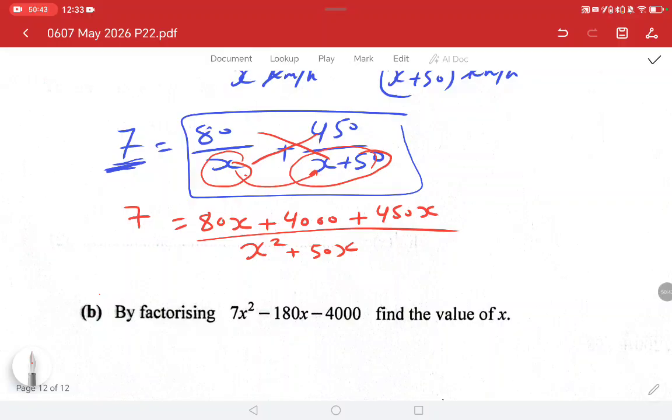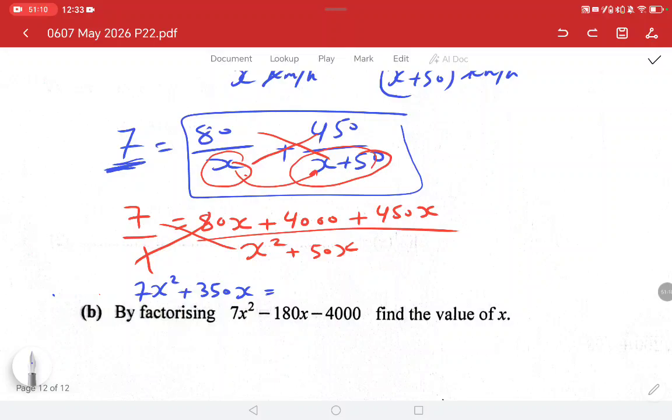So if I have this now, you can make the cross multiply. 7x squared, and here 350x, equals 80x plus 450x.